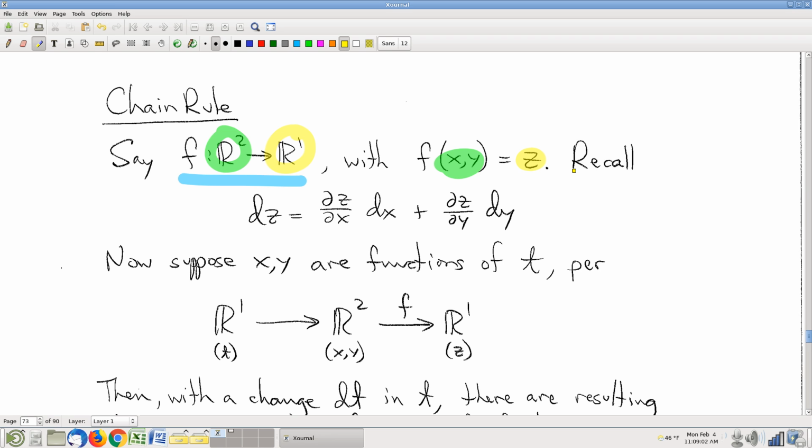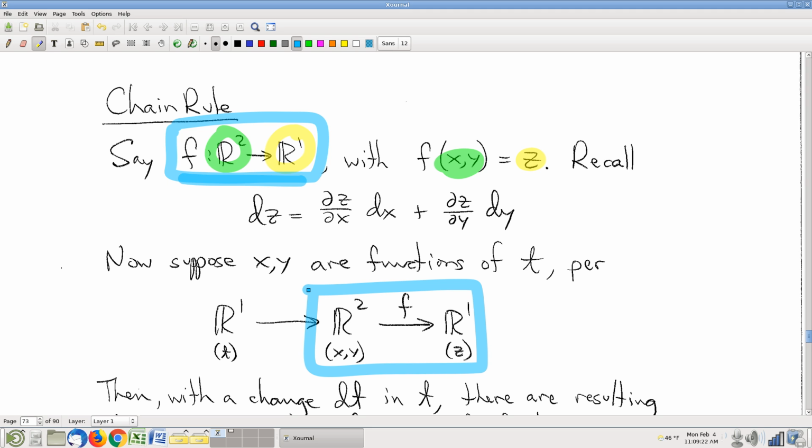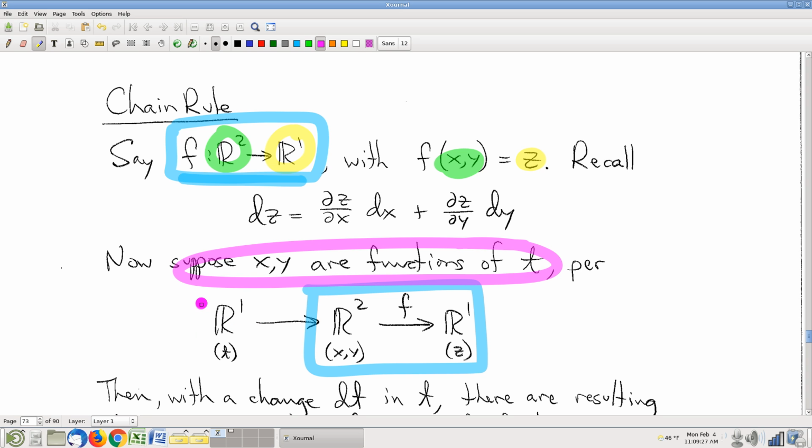Now I pose the reasonable question of, let's suppose with z as a function of x and y, what if x and y were functions of yet another variable, t? So I'm going to take this picture right here, where z is a function of x and y, and I'm going to precompose with x and y being functions of t.